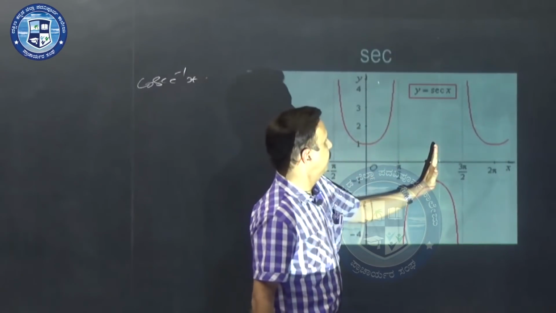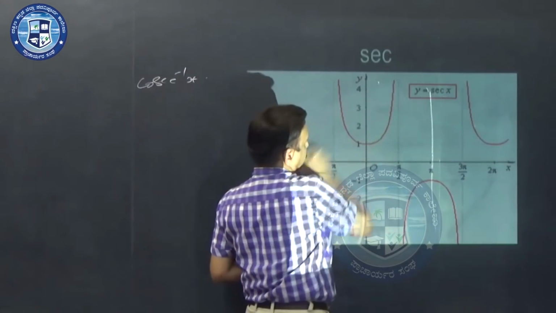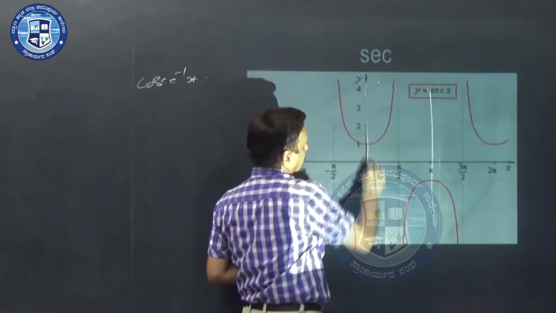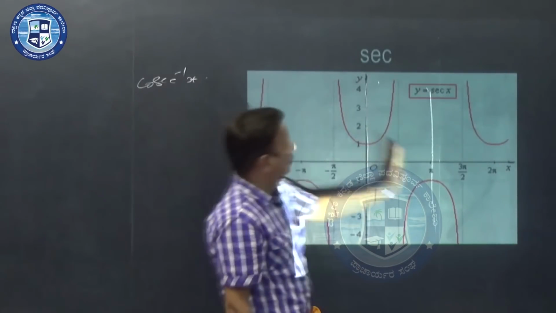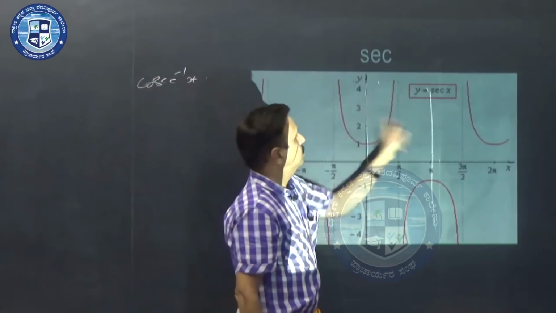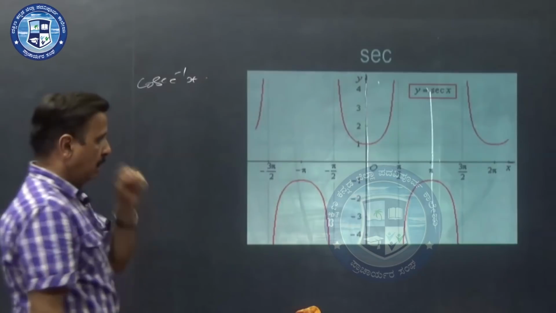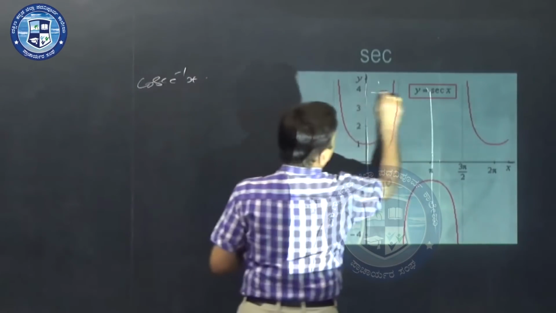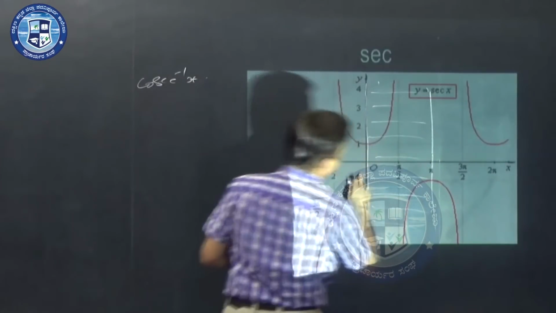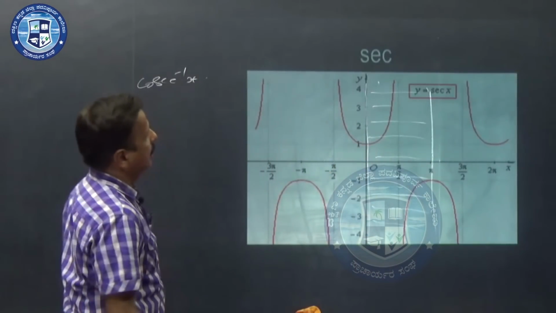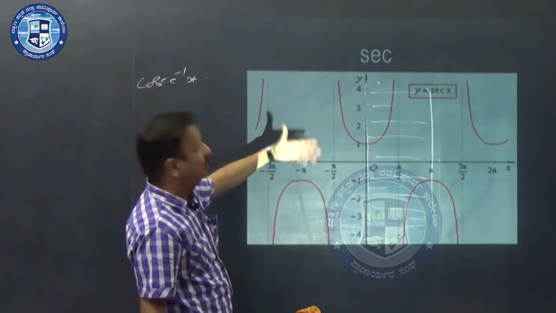Between 0 and pi, with a vertical line through pi and a vertical line through 0, if you draw a horizontal line, nowhere is the curve cut at 2 points. It will cut only at 1 point. So, the inverse exists between 0 and pi.